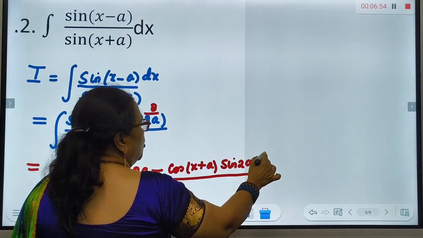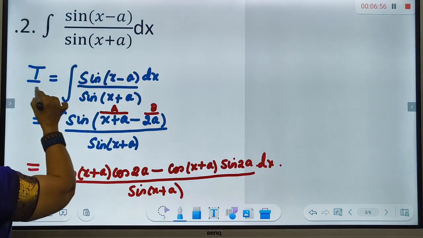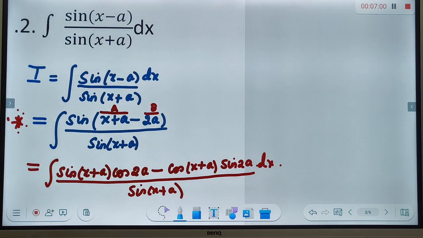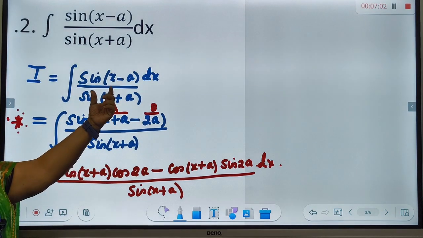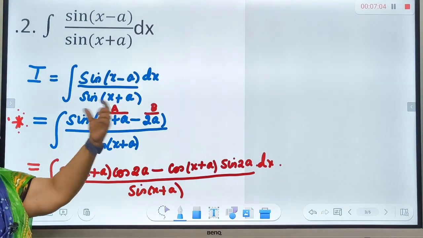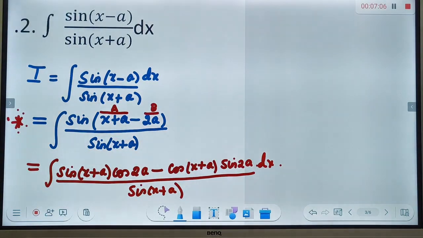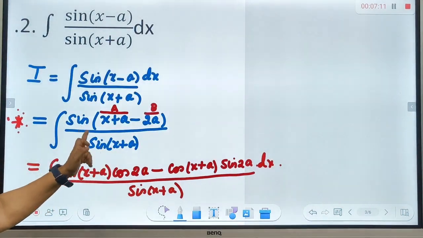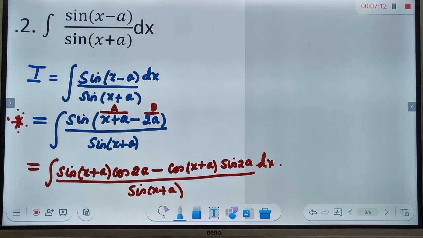This is the crucial step in this problem: how to rewrite the numerator using what is given in the denominator, so that I can bring it in the form of sine of a minus b, which will help us in our simplification.